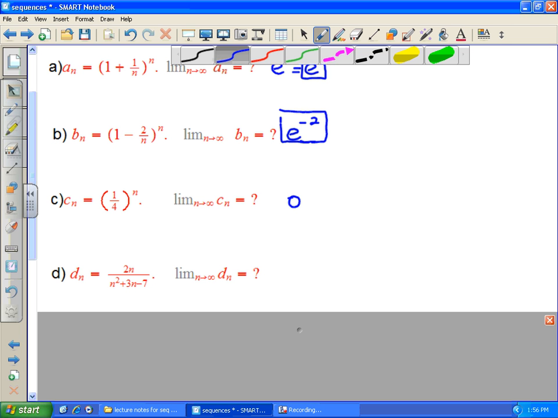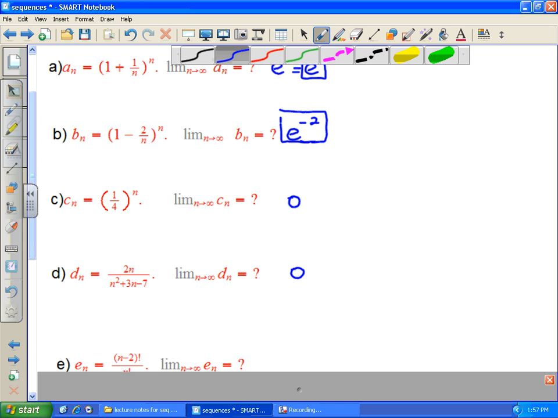Does anybody remember what the answer will be here? 0, because the degree of the bottom is higher than the top. Or apply L'Hopital's rule a few times, and you're going to end up with 0 very quickly. So the answer is 0 because the degree of the top is smaller than the degree of the bottom. Or you use L'Hopital's rule.